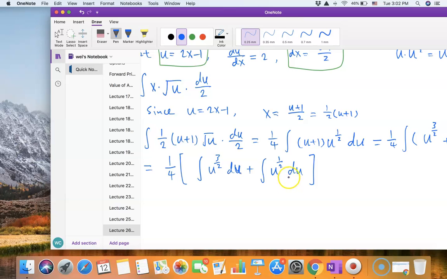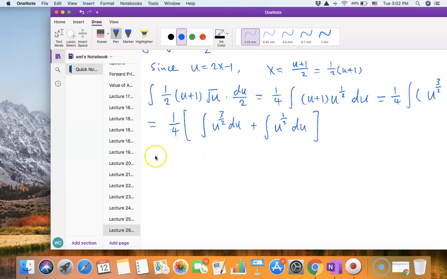For each integral, we can solve it by using the power rule. Now the first one is u to the power of 3/2 plus 1 over 3/2 plus 1.